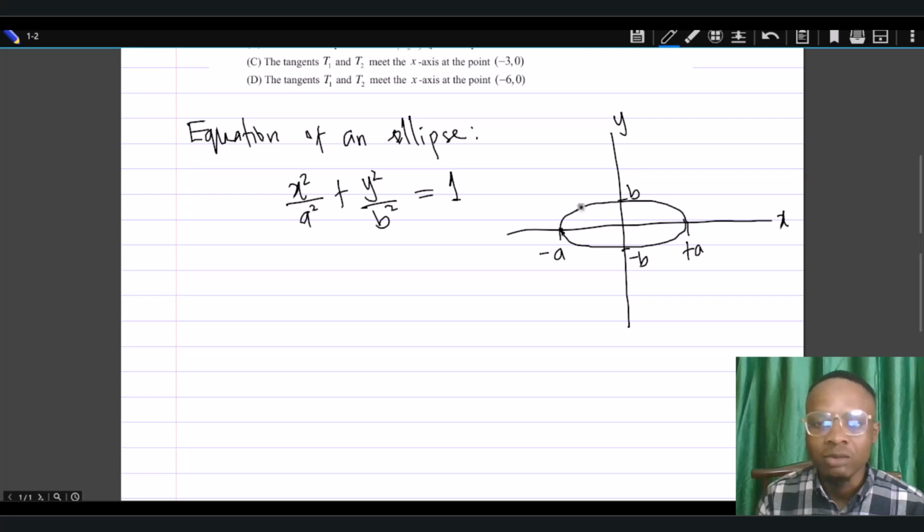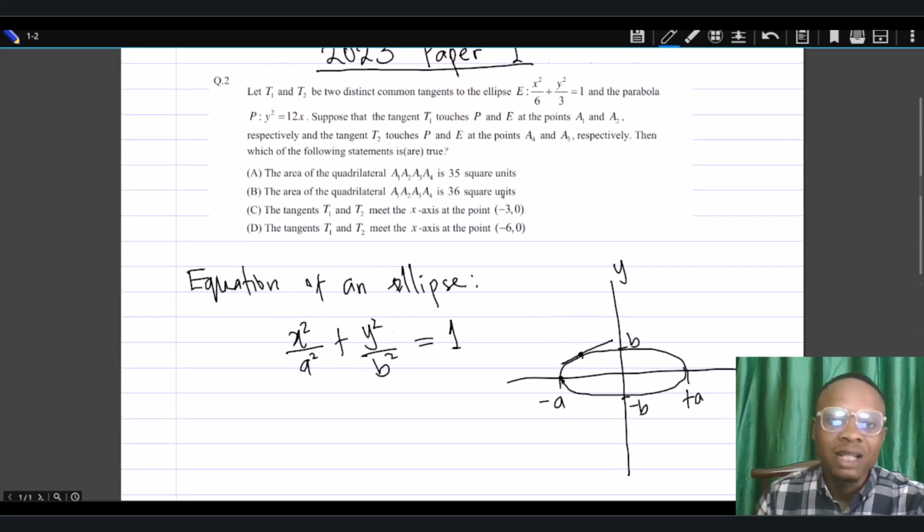Let's say this is that tangent. We'll have to find out what that equation is in terms of the point x1. It depends on what exactly we know about the tangent. If we know the point where they intersect, that is the point where the tangent touches the ellipse, we will find the equation of the tangent using that point.